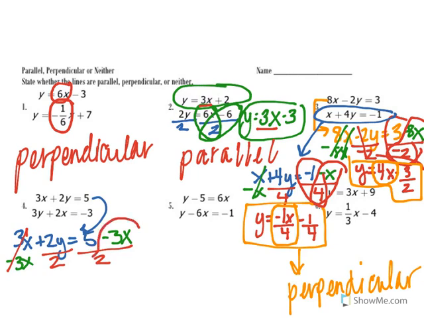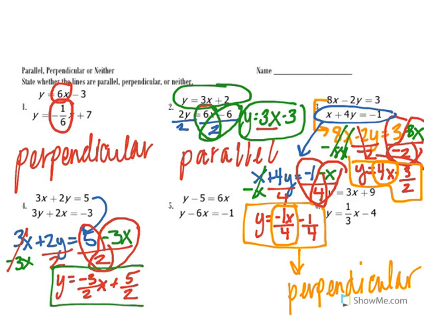So negative 3x divided by 2. And then you divide 5 divided by 2, which you can either put as 2.5, or you can just leave as 5/2. We're not graphing them, we're just comparing them, so you can leave it either way.